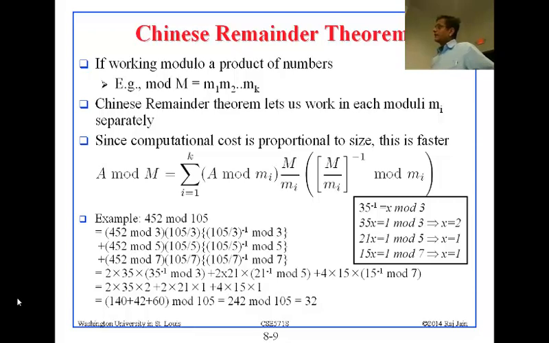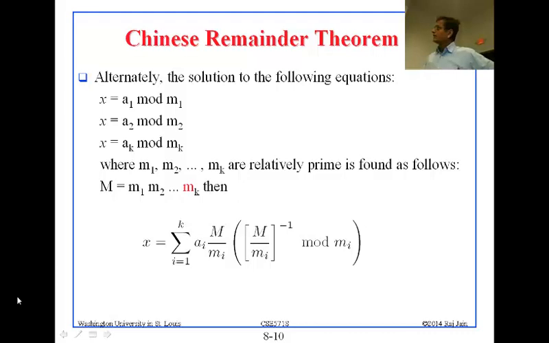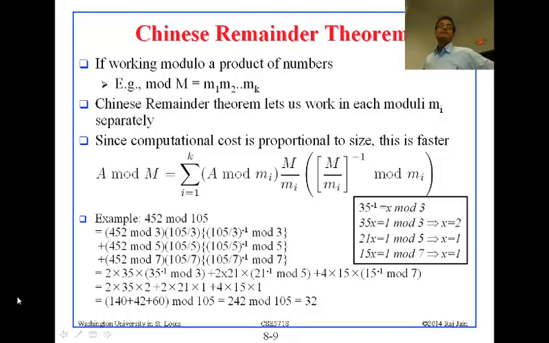So that is the Chinese remainder theorem. All right, going back, just remember this. You have to remember this formula, very important: mod times the other number times the inverse of the other number.